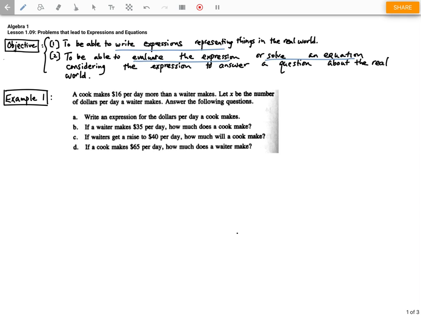Okay. So let's start out. We know that X equals number of dollars a waiter makes per day.